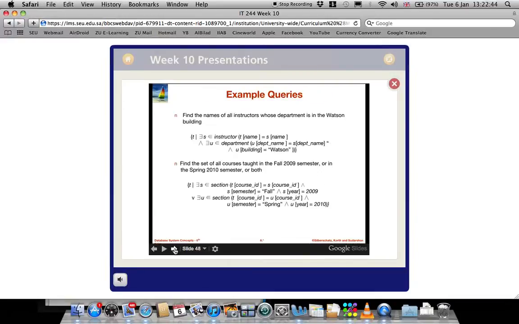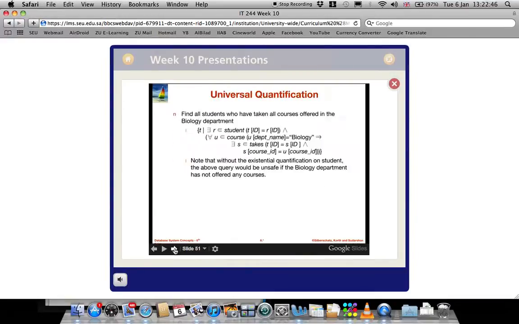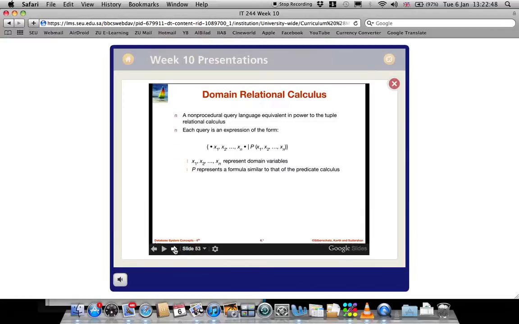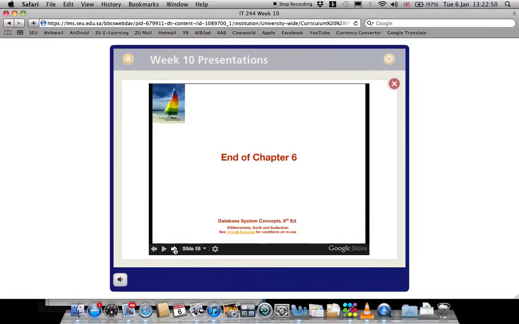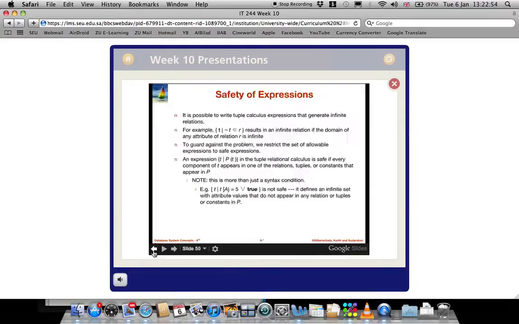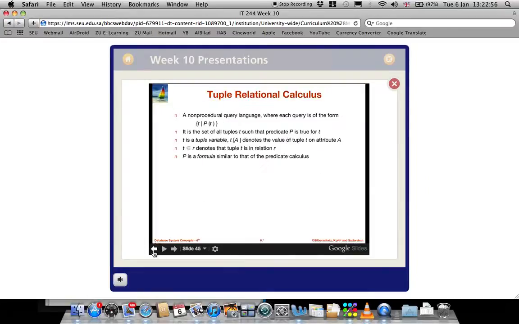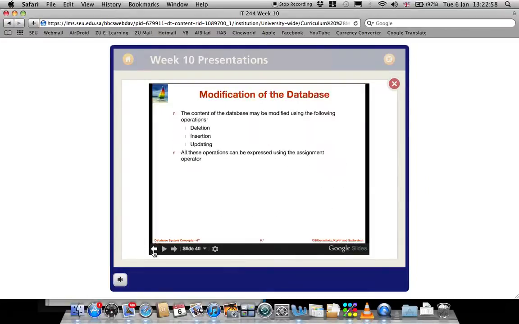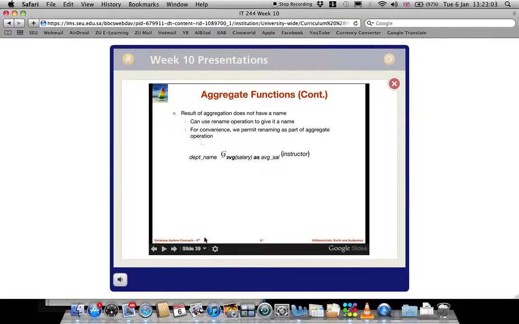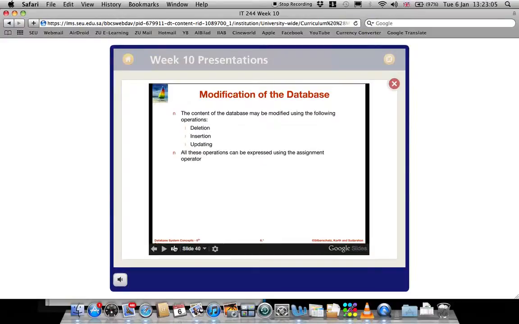So study up to this point, everything I said, up to slide 39. From slide 40, don't worry about it in this chapter. Okay, I'll see you in the next part.